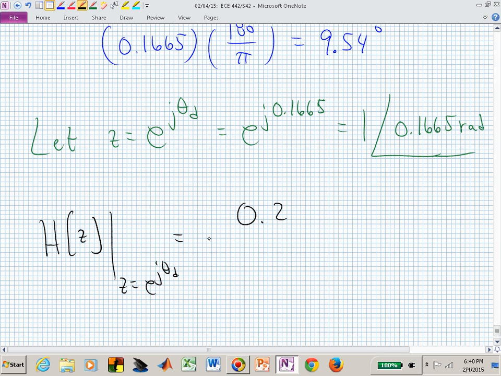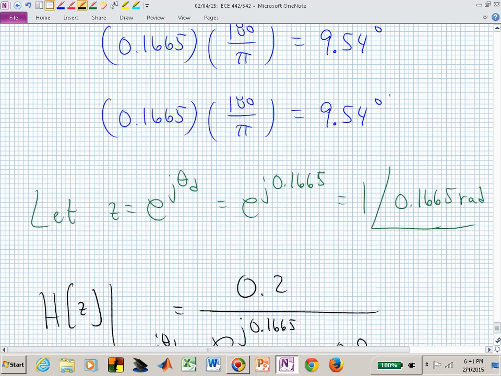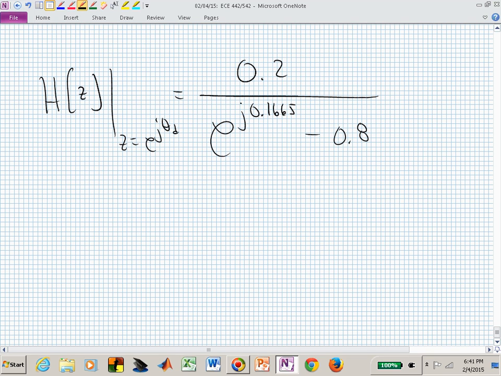H of z was 0.2 over e to the j 0.1665 minus 0.8. That's what we're doing by simply replacing z with e to the j. Now let's go back to Euler to simplify that complex exponential. E to the jx is cosine x plus j sine x.